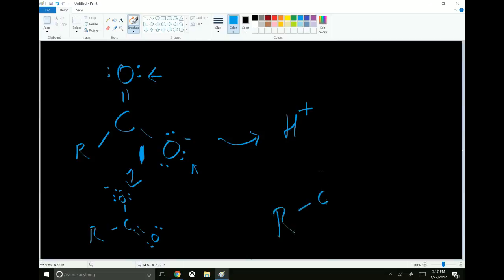The actual structure of this carboxylic acid is sort of a double bond smeared across between these 2 oxygens, each one of which is sort of sharing in the negative charge. And so because it's resonance, that makes it happier, that makes it stable, and that's why carboxylic acids are acids.